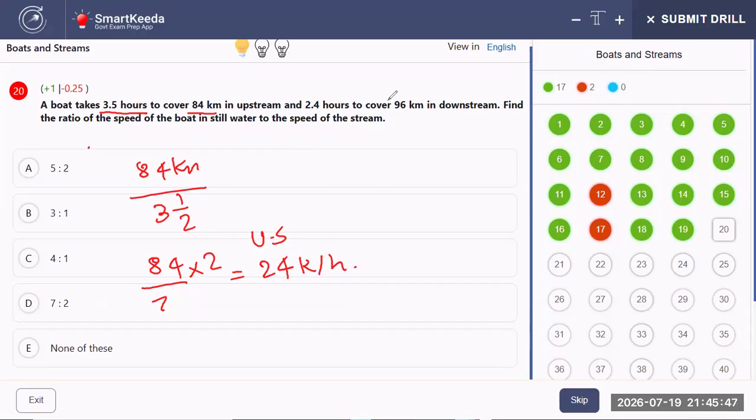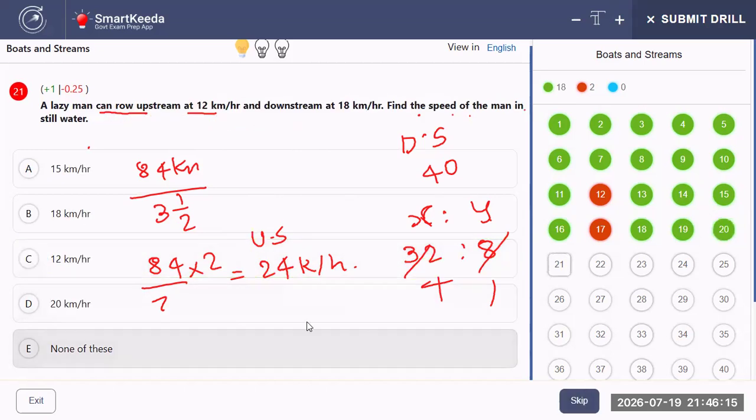And 2.4 hours to cover 96 kilometers downstream, so downstream is equal to 40. Find the ratio of the speed of the boat in still water to that of the current. 32 to 8, 4 is to 1.